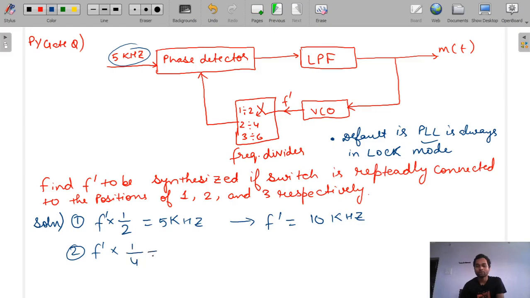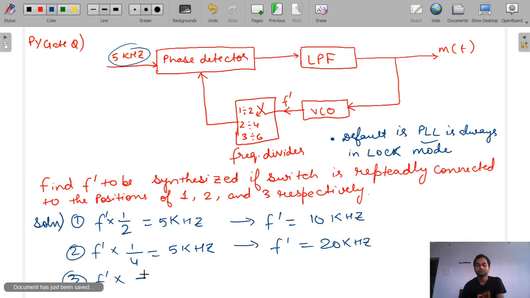So F dash into 1 by 4 is equal to 5 kilohertz. So our F dash is equal to 20 kilohertz. In the third, F dash is divided by 6. So F dash into 1 by 6 is equal to 5 kilohertz. So our F dash is equal to 30 kilohertz.